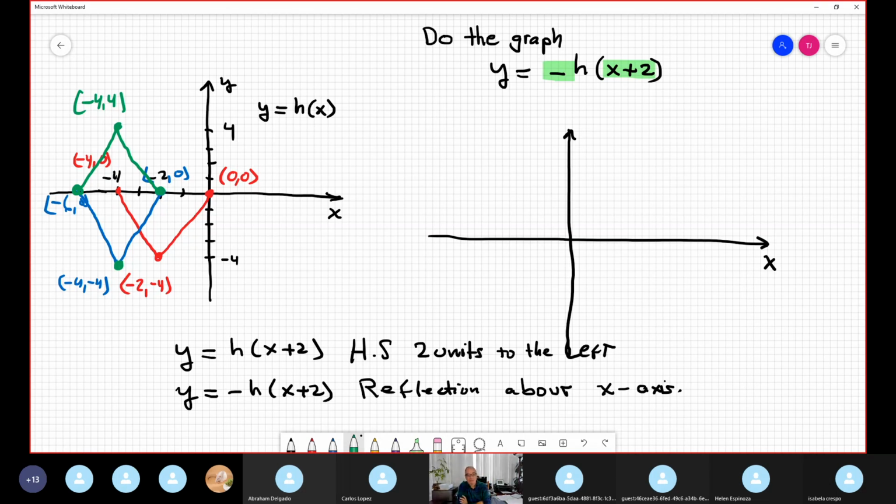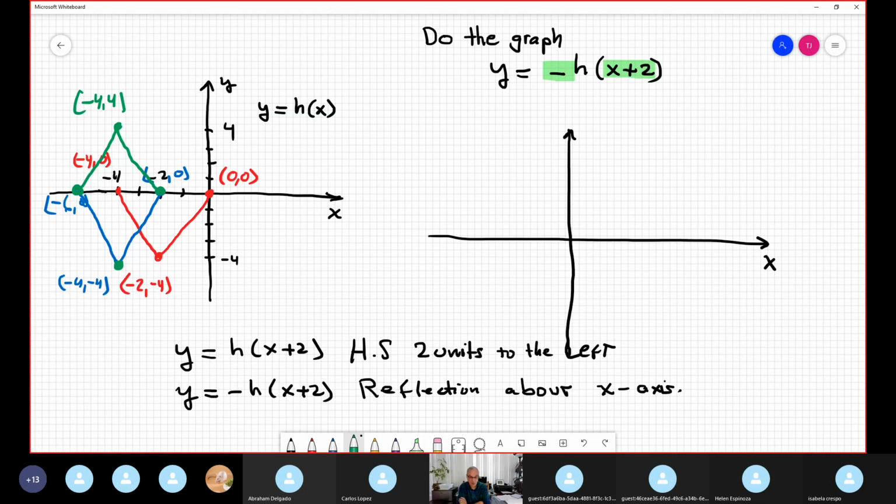Let me recap. The red function is given graphically. Not like another example that is analytically. No, it's graphically. So you identify, you have to do the graph of the new one, and you identify what kind of transformation. The first transformation, according to the order of operation, is horizontal shift 2 units to the left because it's plus 2.